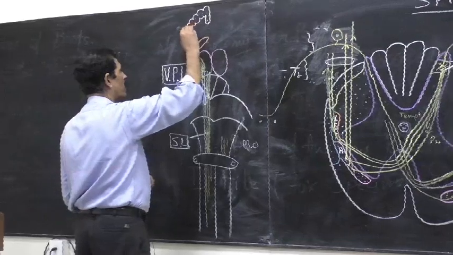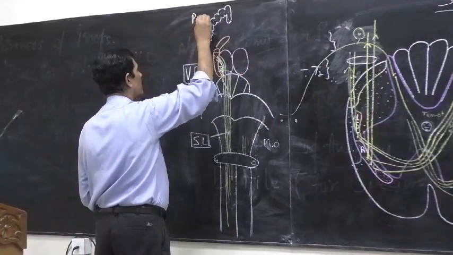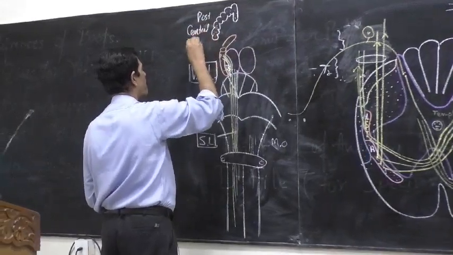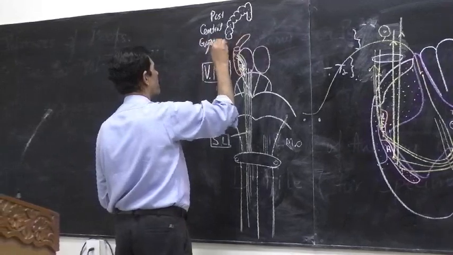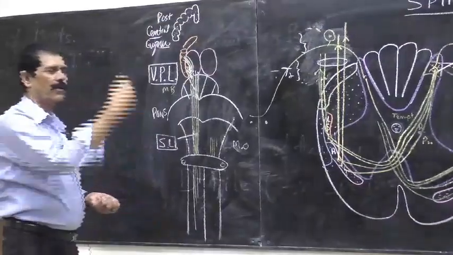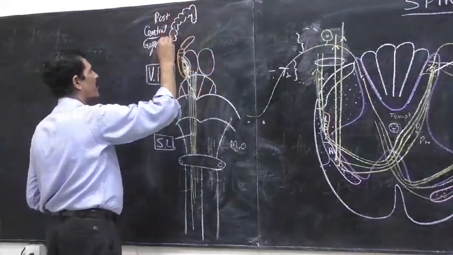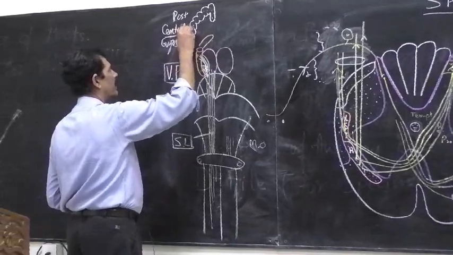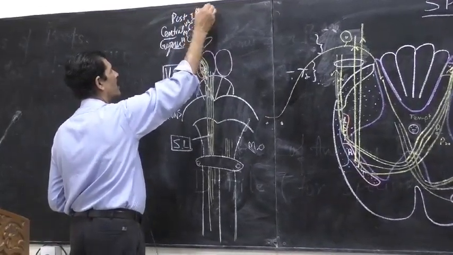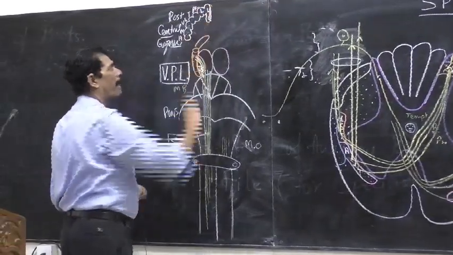This is the coronal section of the post central gyrus, and it is represented as the homunculus. Homunculus means it starts from the head, neck, the upper limb, thorax, abdomen, and the lower limb on the medial side.